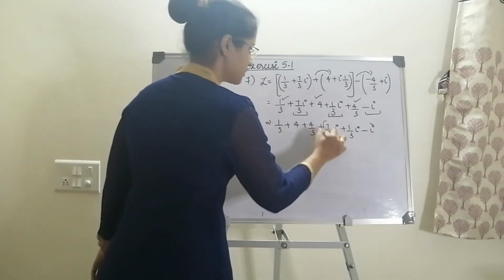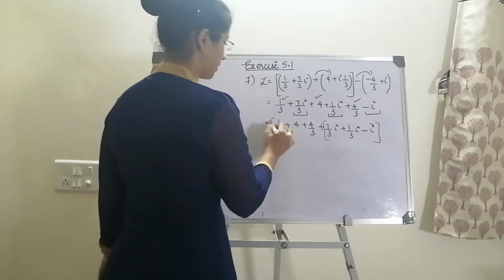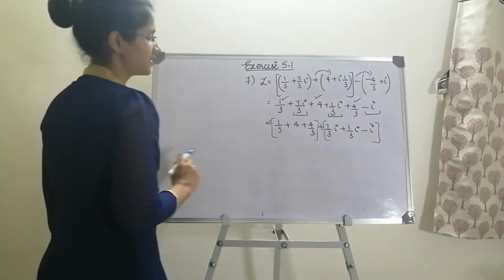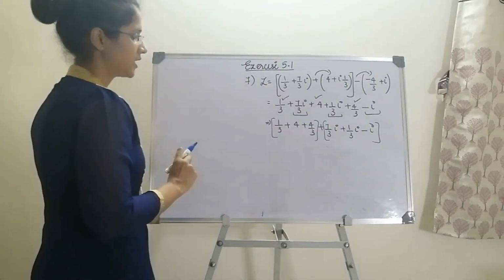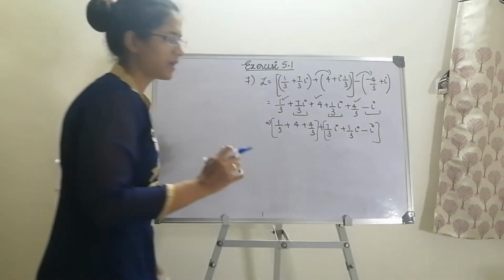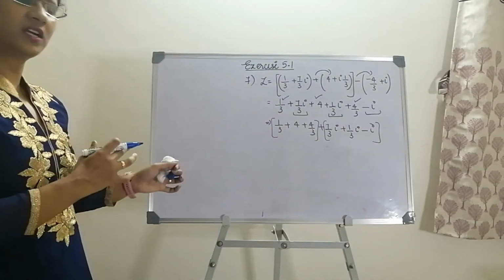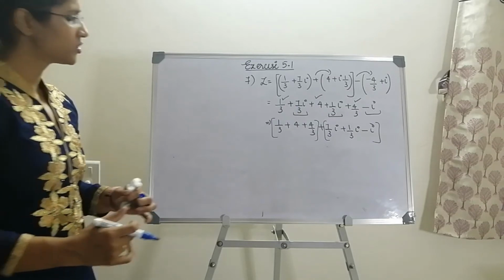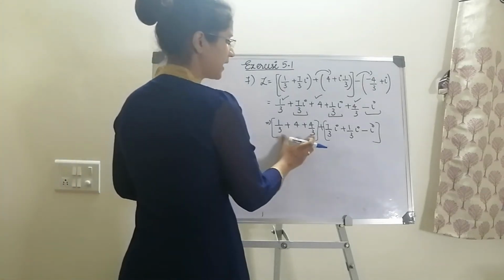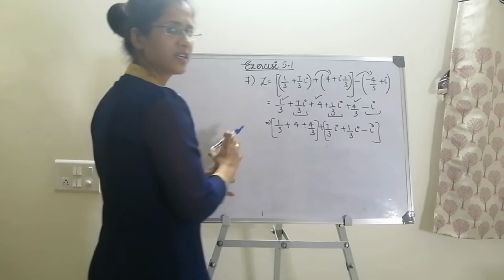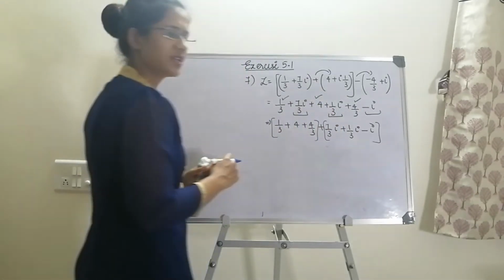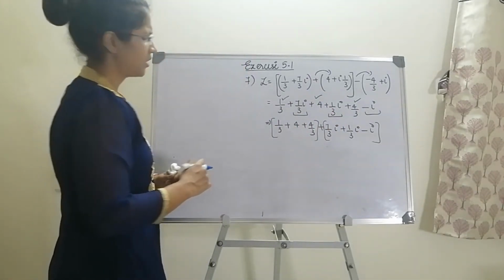Now this is my one group with imaginary terms and this is my other group with real terms. Now I have bifurcated my real terms and imaginary terms. So in that case, individually can I take the LCM for real terms separately and imaginary terms separately? Yes, I can do that.